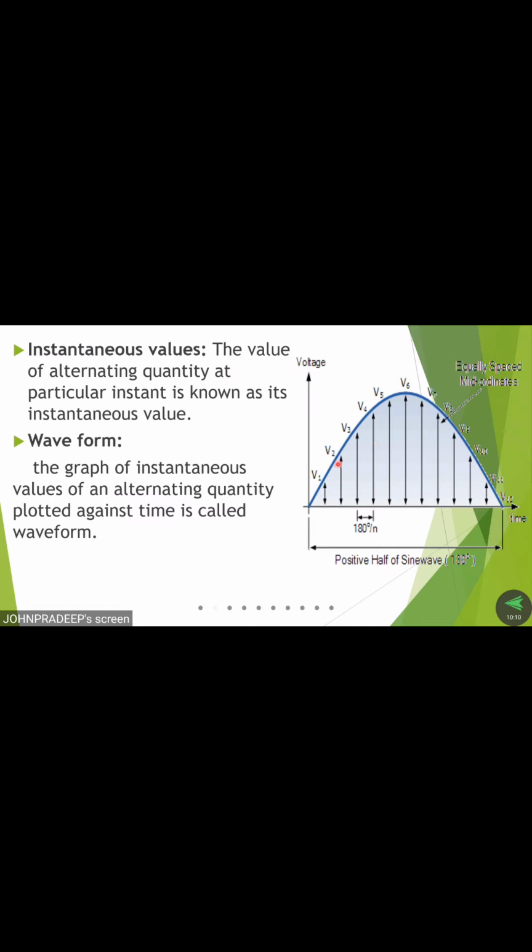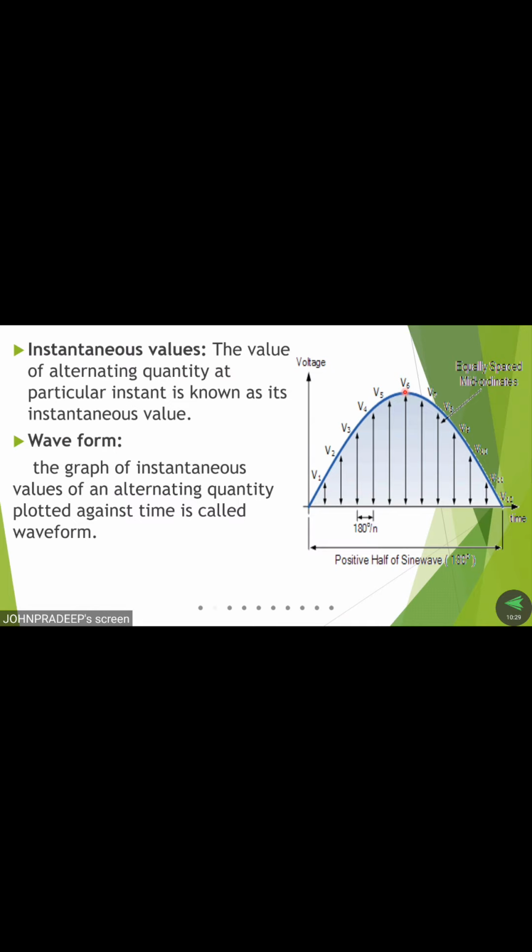In this diagram we take a voltage waveform and split it into 12 parts, so 12 instantaneous values can be obtained. The magnitude of each value is different. At V1 the value is different, at V2 the value is different.